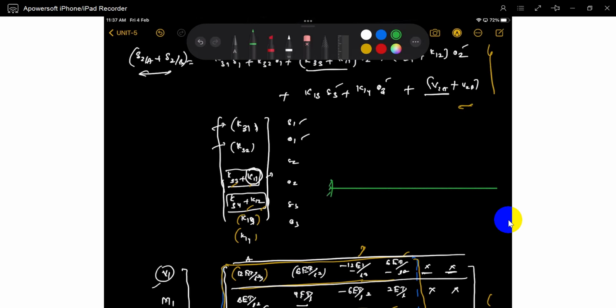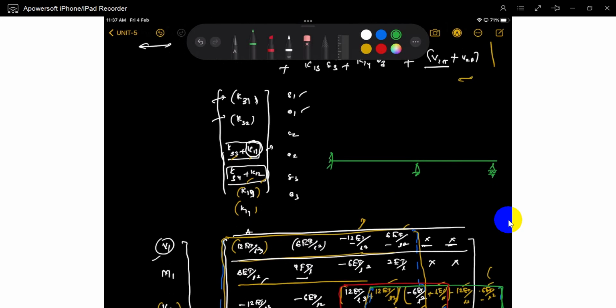Let us say this is a problem. Now if it is a problem, you already know the final boundary conditions: here delta is 0, theta is 0, here delta is 0, here delta is 0.